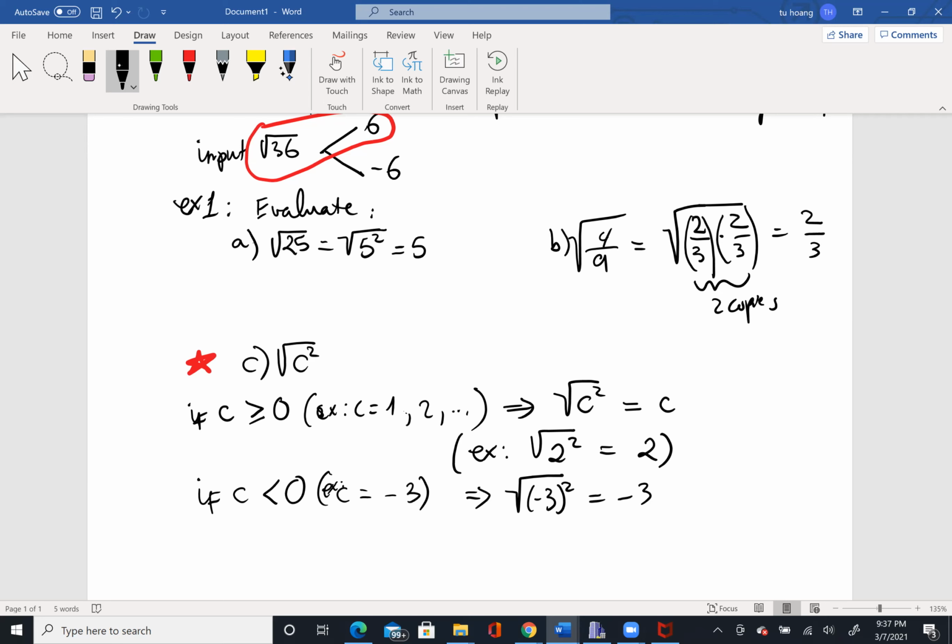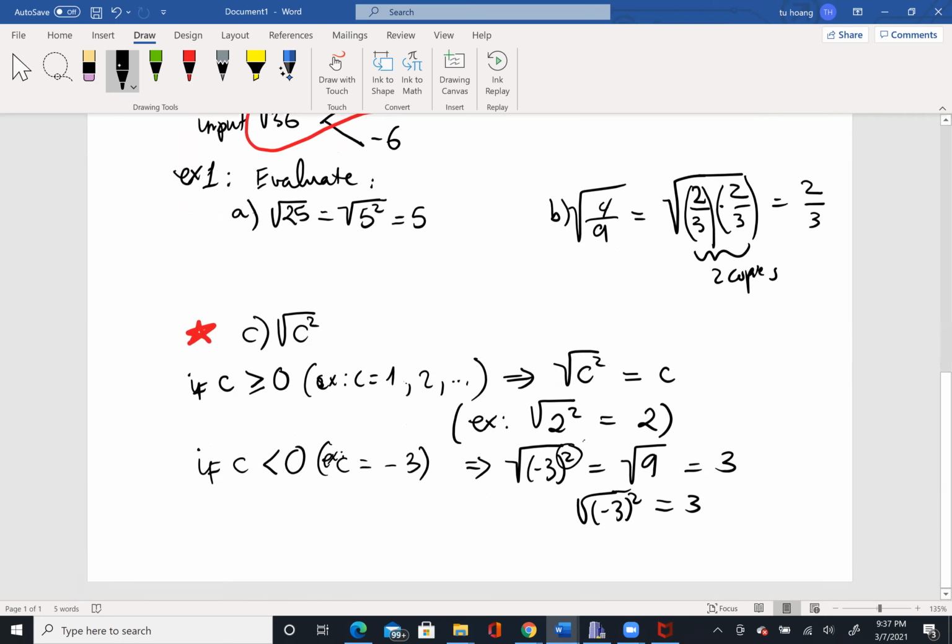Remember that. You need to square first, right? You need to do the power 2 first. So then you're going to have the square root of 9, and the square root of 9 gives you 3. So what happened? From the square root of negative 3 squared, you get only 3.